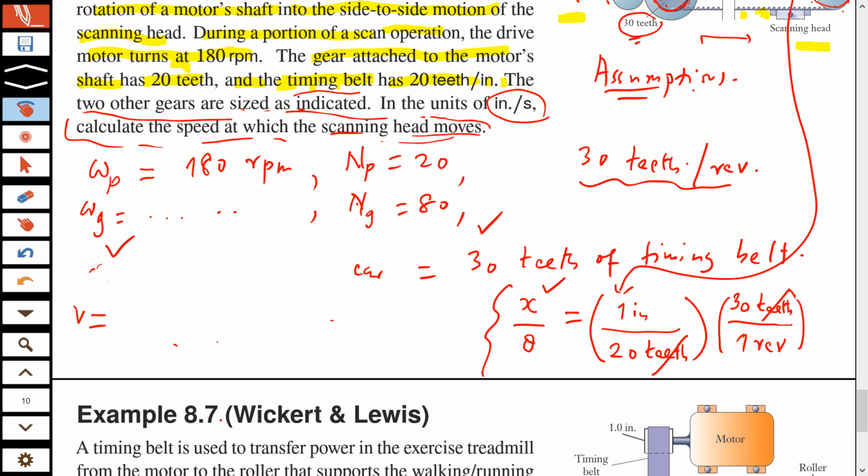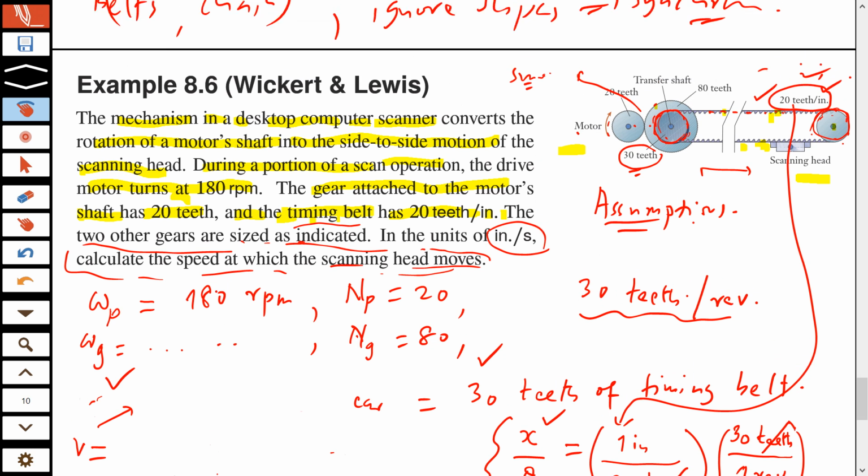Now I know horizontal velocity can be, I also know that, because they must, okay, one more thing. Now this angular velocity will be important.